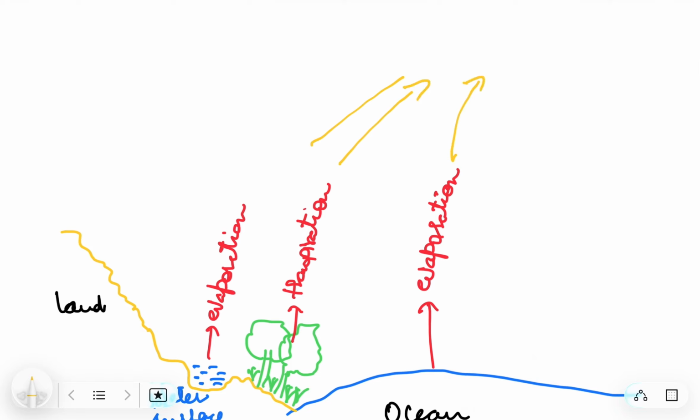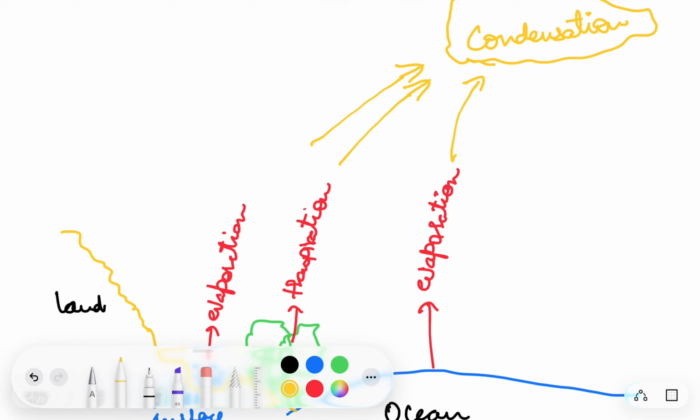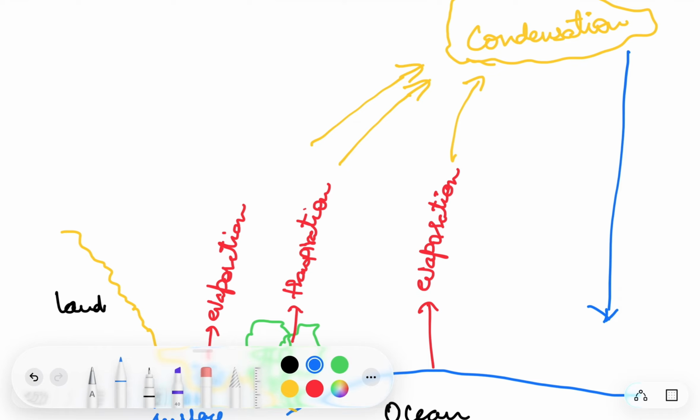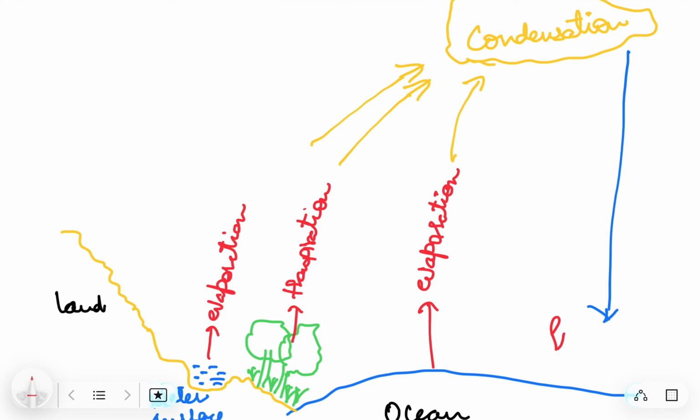This all will combine into condensation, clouds will be formed, and it will result in the precipitation, the form in which it will come back to the earth surface.